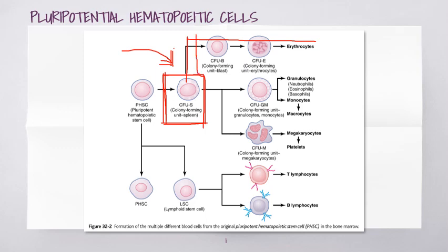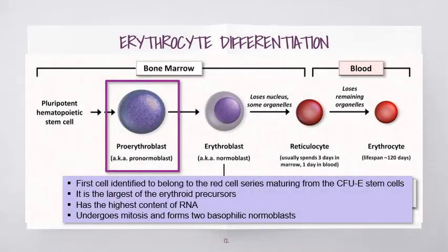So we will go now to the erythrocytic lineage. Okay, so in the erythrocytic lineage, its main mother cell is the CFU-E, or the colony forming unit erythrocytes. So from that CFU-E, once it is acted upon by the differentiation inducers, it will now become what we call the proerythroblast or the pronormoblast.